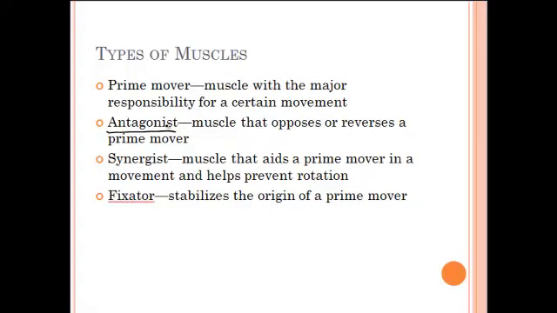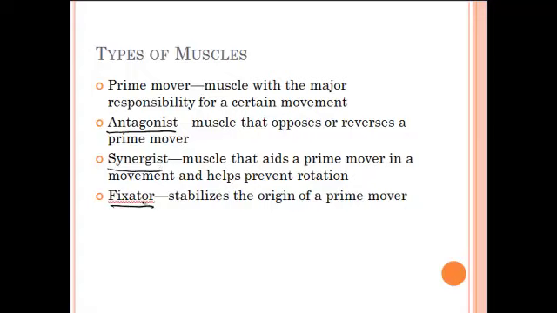We have something called the synergist. The synergist is kind of the helper muscle. It's not the main muscle in that movement, but it helps that muscle stabilize and be able to carry out its action, or even help it carry out that contraction or that movement. And finally, we have what's called a fixator.